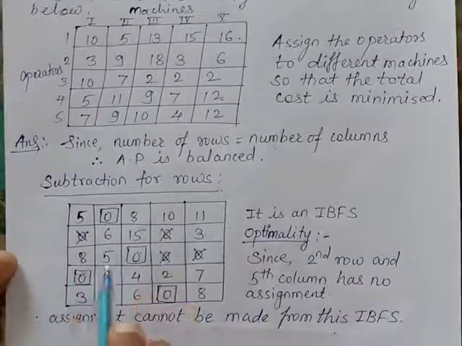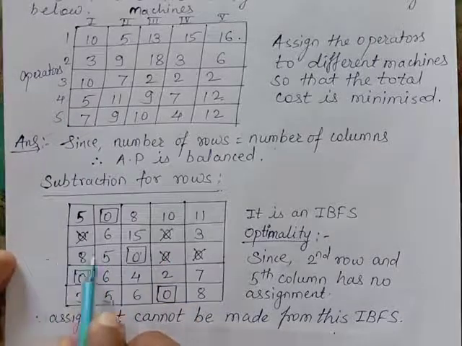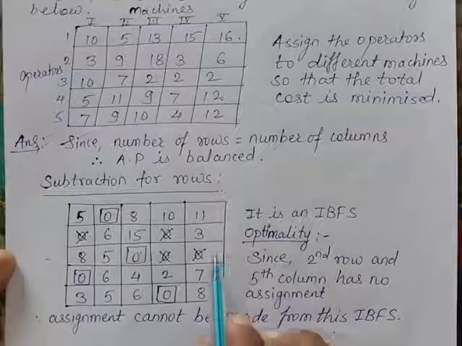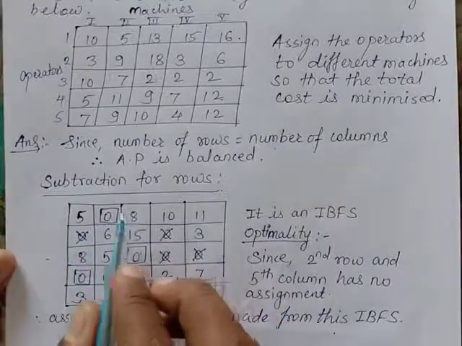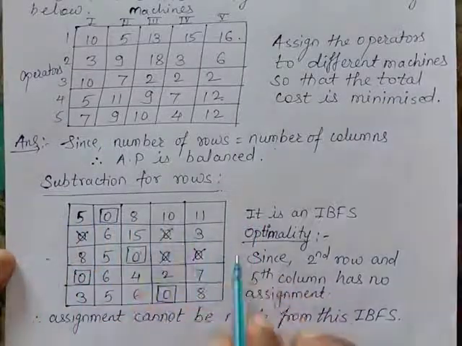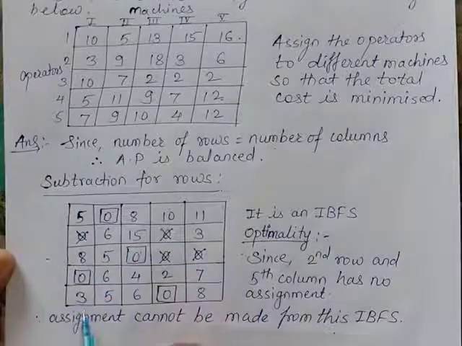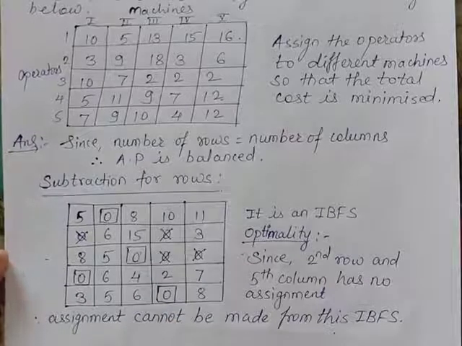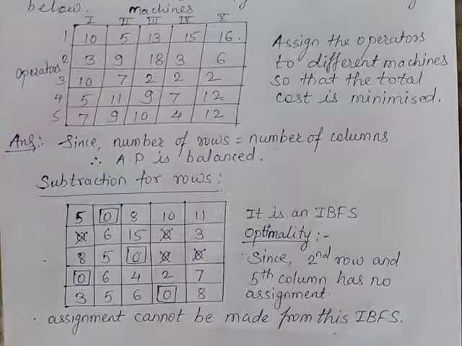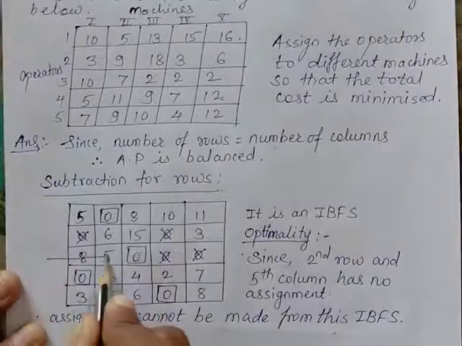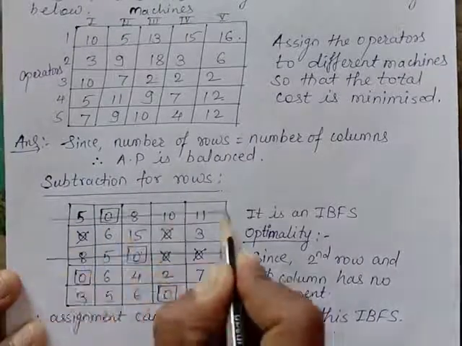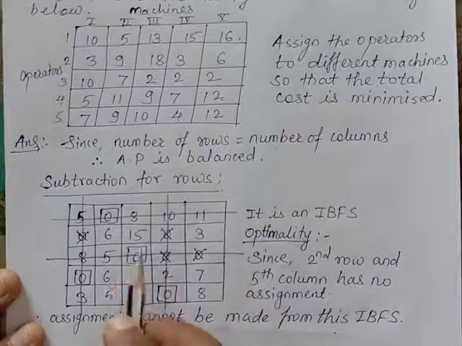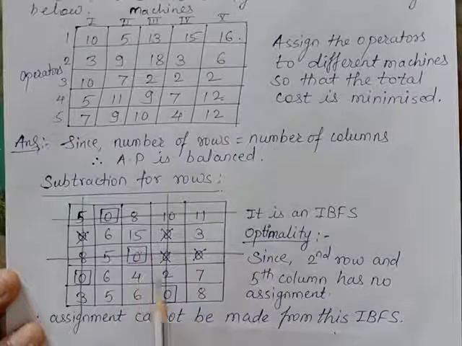If you observe here, if we draw the lines from first and third row and in first and fourth column, then you will get all the zeros covered, while the remaining are nothing but the non-zero entries.